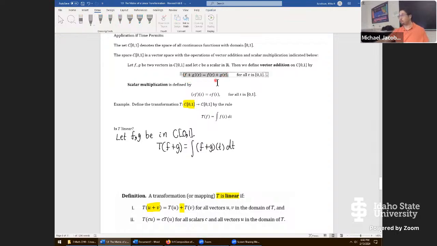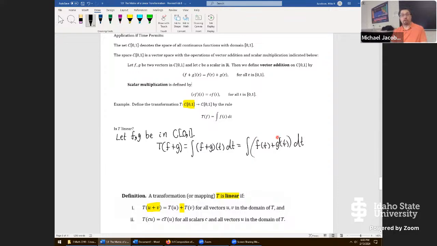The sum of two functions is broken up in this way, so we're just going to use that directly right away. This becomes the indefinite integral of f of t plus g of t dt. This time the outer parentheses is a stylistic choice to say both of these functions are being integrated. Some people would drop them and just write it this way, but that's completely up to how you present your integrals with a sum. Some people like to put a parenthesis here to just capture everything inside.